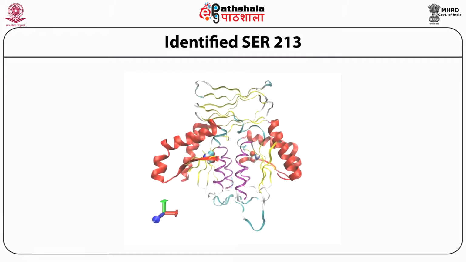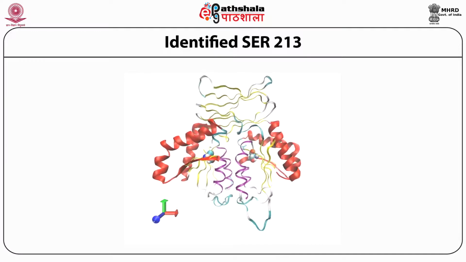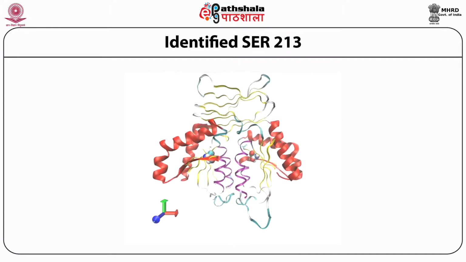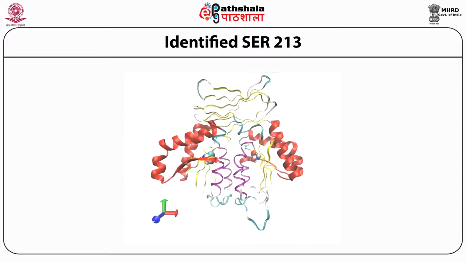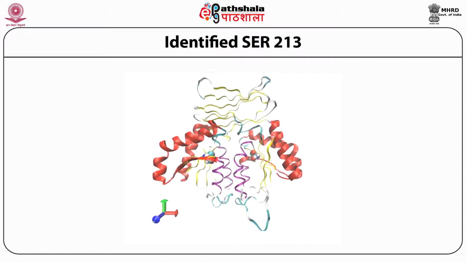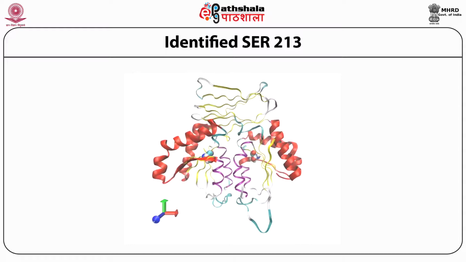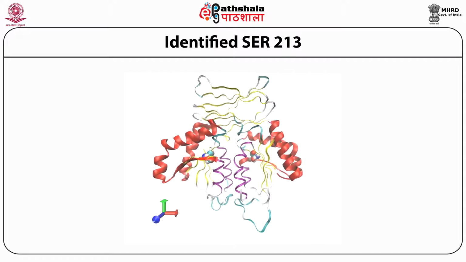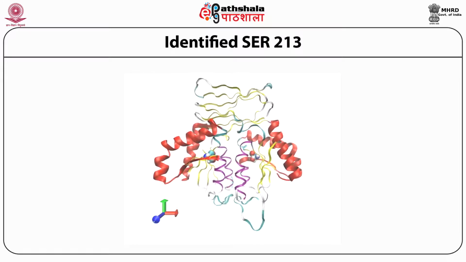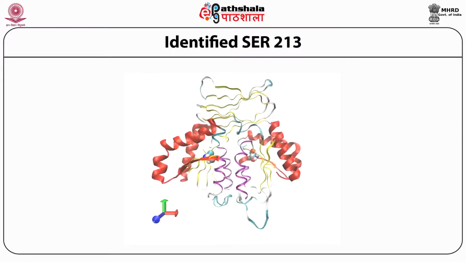So here comes the actual trajectory designed and comes the motion of our molecule, and I would like you to concentrate on the two helices chains. Along with it, please concentrate on the central blobs. Central blobs are the 213 serine, which gets phosphorylated. This is the effect of phosphorylation.